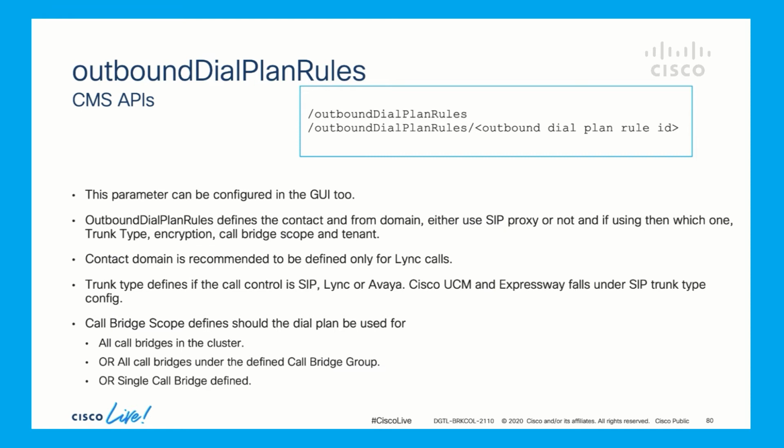Cisco Call Manager and Expressways fall under SIP trunk type. It can configure the contact domain, which is recommended when making link calls. When using call bridge groups, it can also configure if the dial plan rule should be used by one call bridge, the call bridge group, or the whole CMS cluster.